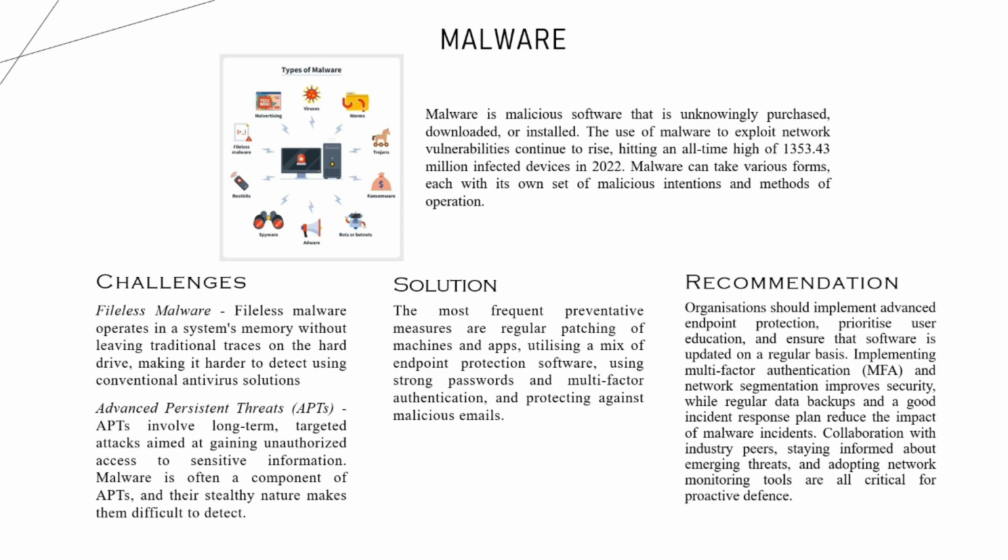Implementing multi-factor authentication (MFA) and network segmentation improves security, while regular data backup and a good incident response plan reduce the impact of malware incidents. Collaboration with industry peers, staying informed about emerging threats, and adopting network monitoring tools are all critical for proactive defense.